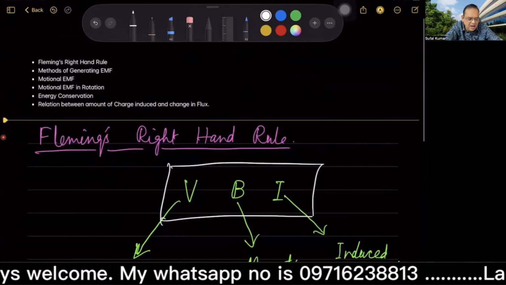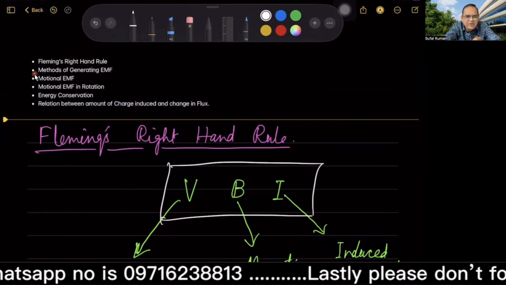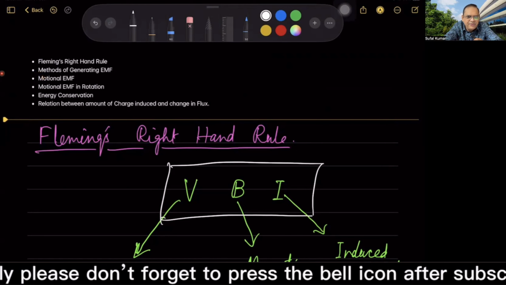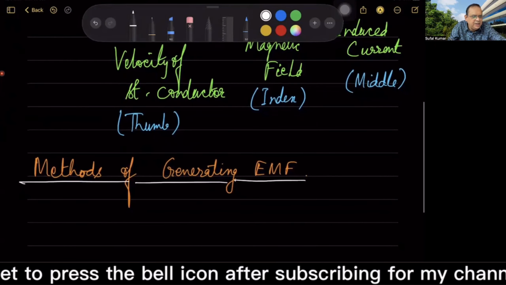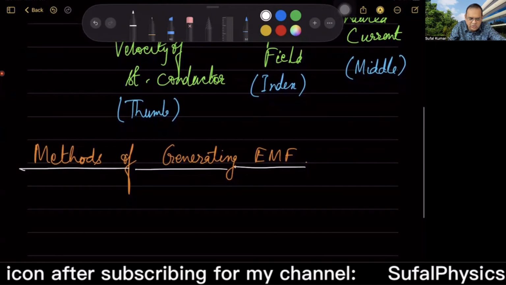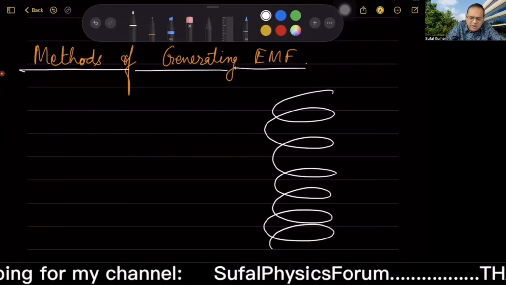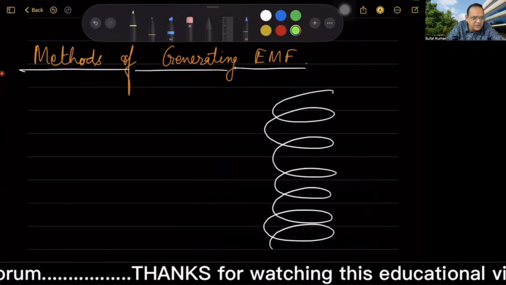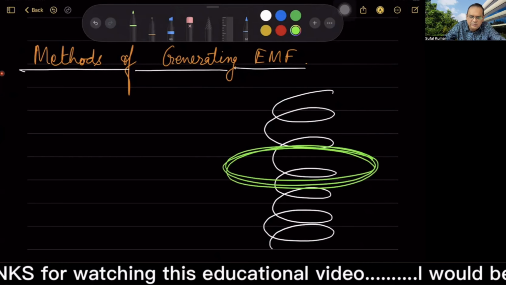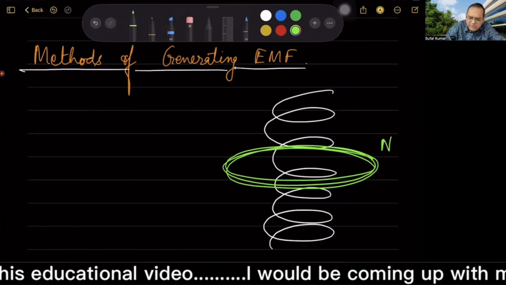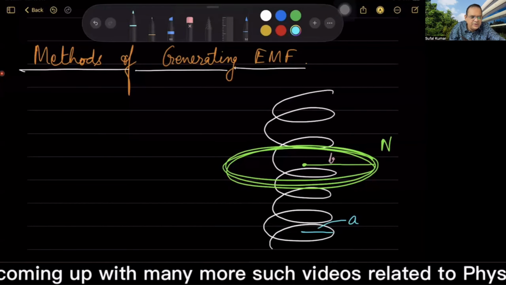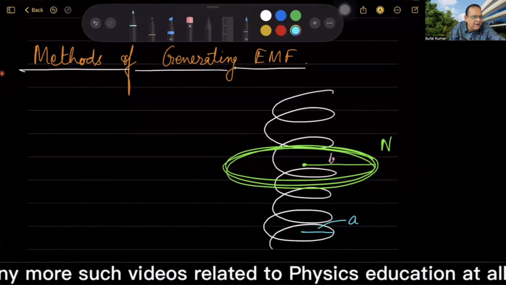Here comes our second topic, methods of generating EMF. Now I would be considering a solenoid. Around this solenoid, I'm to consider one circular coil of n turns whose radius is b, and the radius of the solenoid is a.